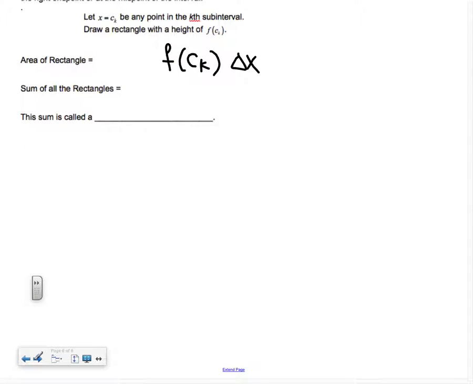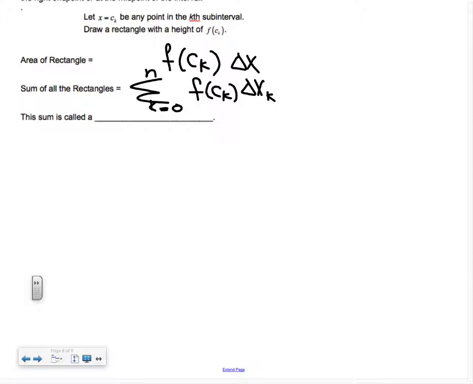So the sum of all the rectangles, the way that they write it is we do a little Riemann sum here, the sigma. We're going to sum over k. Let k go from 0 to n of f of these c sub k's times your delta x's.